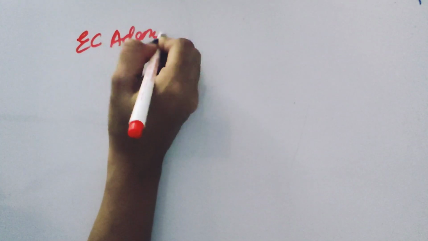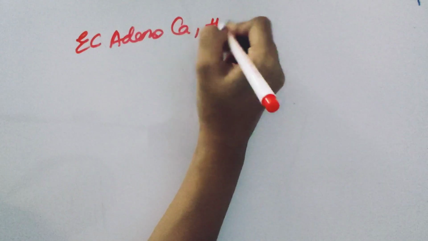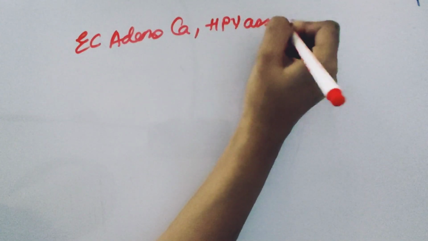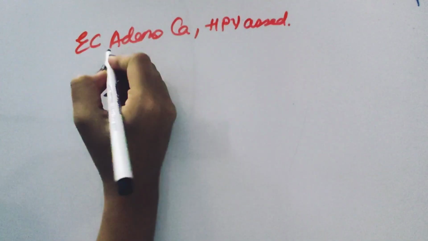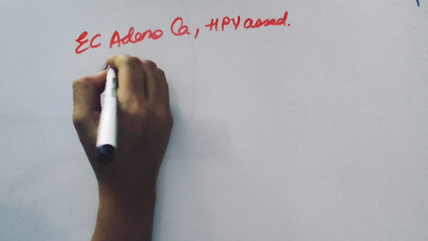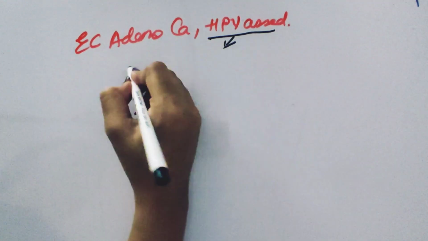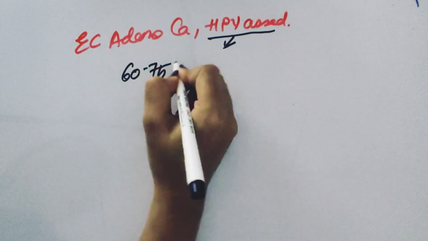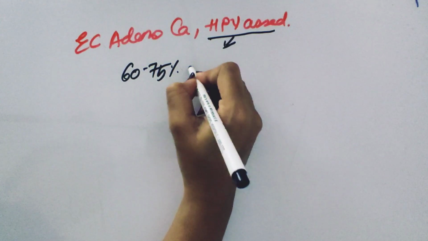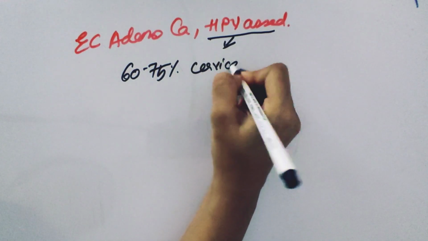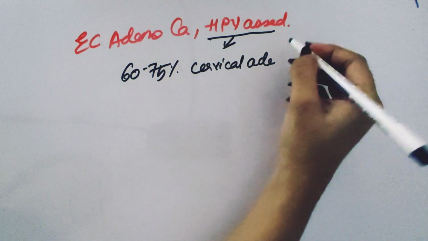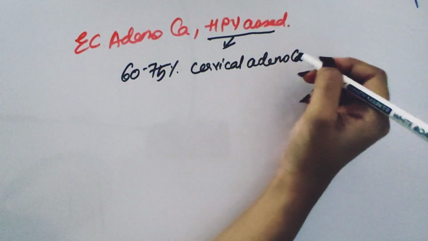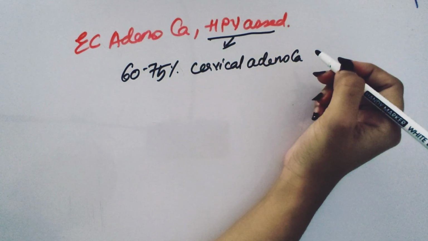So now let's talk about endocervical adenocarcinoma that is HPV associated. So the intro I will be telling is HPV associated. It is 60 to 75% of the cervical adenocarcinoma. So what is the rest? 10 to 25%? That will be HPV independent endocervical adenocarcinoma.